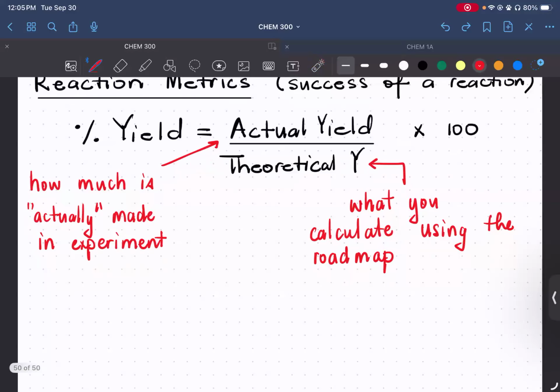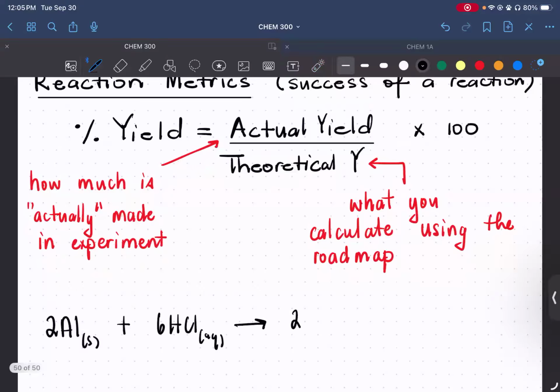Let's do part C of that reaction. 2 aluminum added to 6 HCl gives us 2 aluminum chloride plus 3 H2.